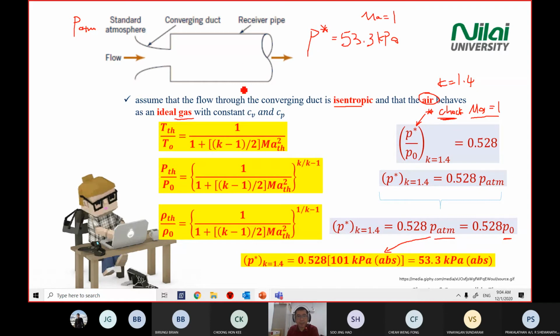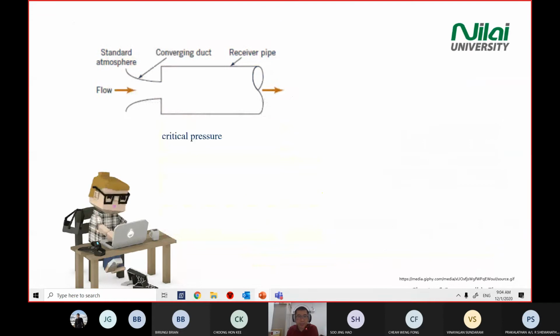Meaning in the experiment, if your pressure drops or increases until 53.3 kilopascal, you're going to have a choke point. You're going to have a critical state. All right, go and look at the next slides.